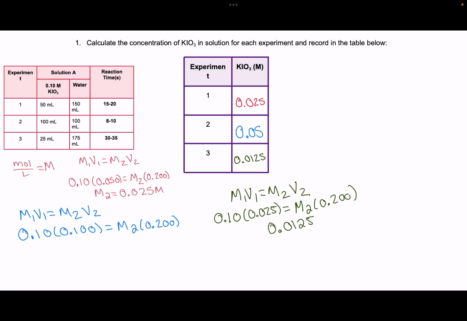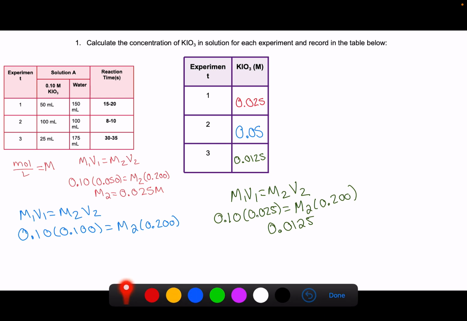So this is showing you our time here, and one of the things it asks you to do is to calculate the concentration of KIO3 in the solution. The way that you're going to do that is M1V1 equals M2V2.